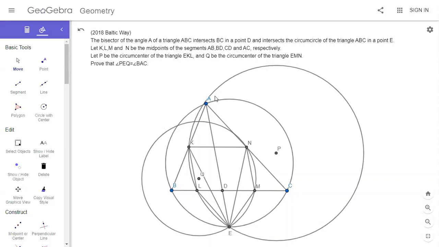Yeah, you have to use the fact that AE is an angle bisector. So let's see, EB is equal to EC. And then these are all parallel.